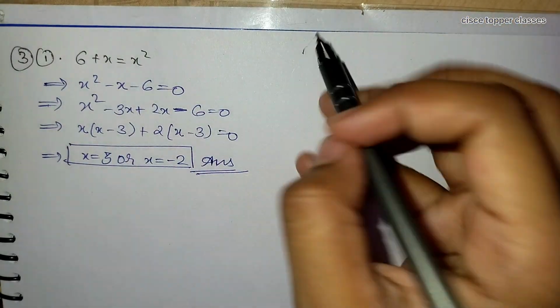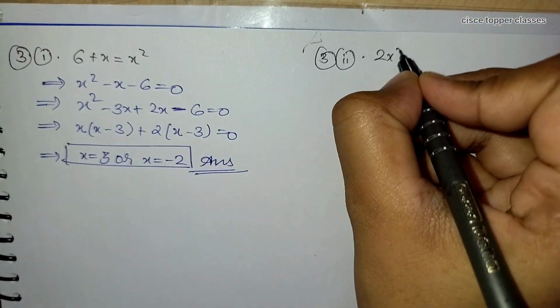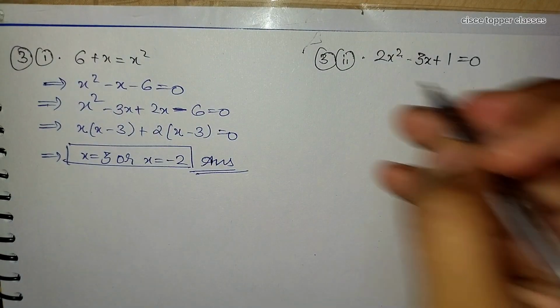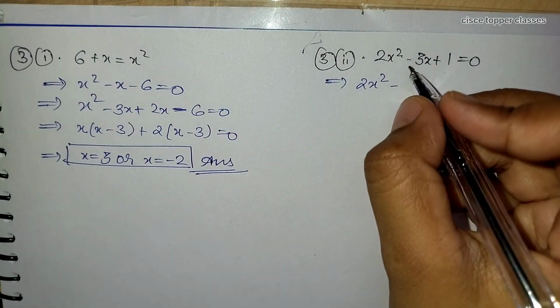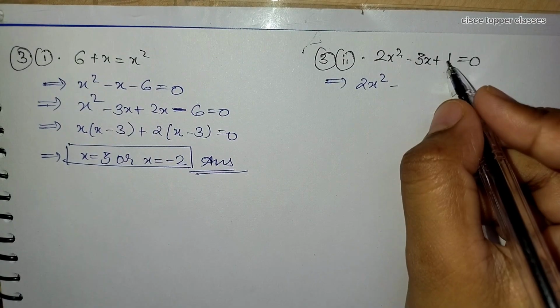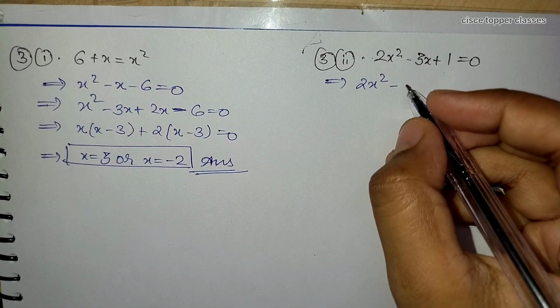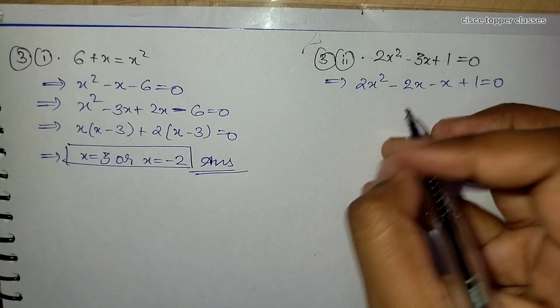Now the second part of the third question is 2x square minus 3x plus 1 equal to 0. Simply we can write 2x square minus 2x minus x plus 1, since 1 into 2 is 2 and on adding we get minus 3x.